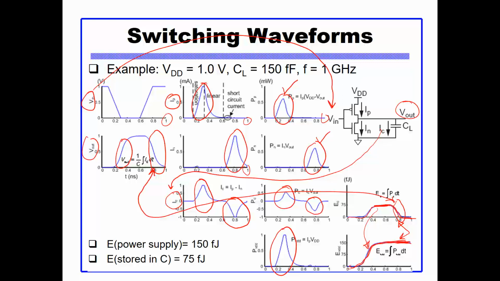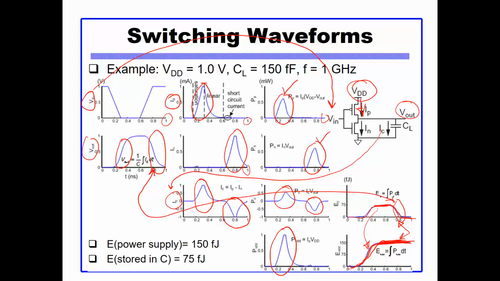But whatever energy we draw from the power supply, it doesn't get discharged. We take it one time during charging of the output. So we take it from the power supply, and that's it. Never goes back to it, unless you are talking about energy harvesting techniques, and this is not the topic here.